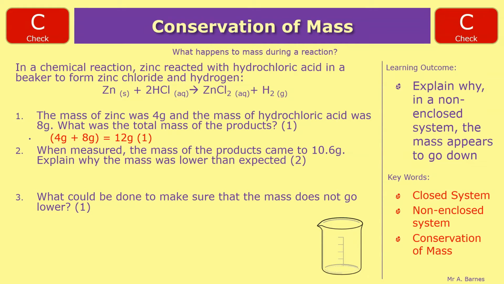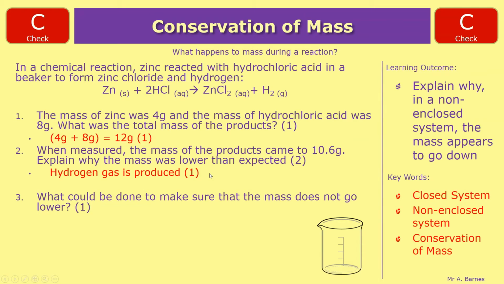Question 2. When measured, the mass of the products came to 10.6 grams, which is less than our 12 we worked out in 1. Why is that lower than expected? Now the key here is to look at the equation. So we've got zinc is a solid and hydrochloric acid is aqueous, and then our products are aqueous and a gas. So the first thing to notice is hydrogen gas is produced.